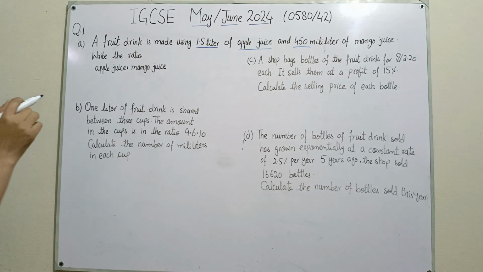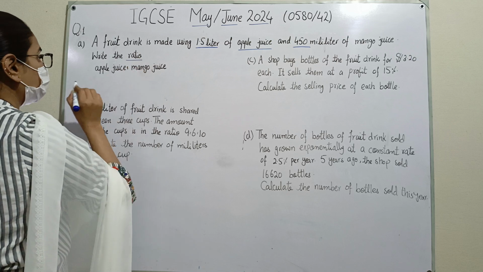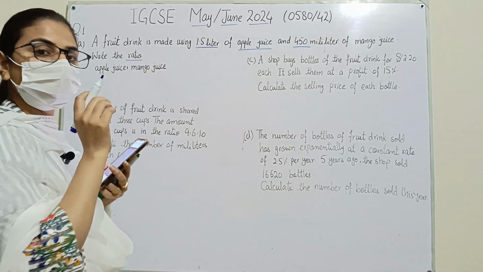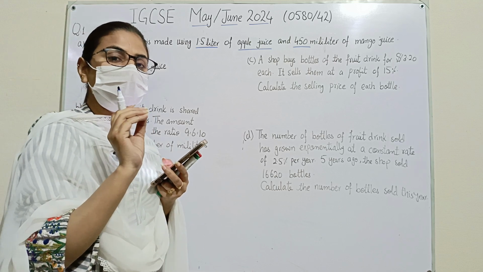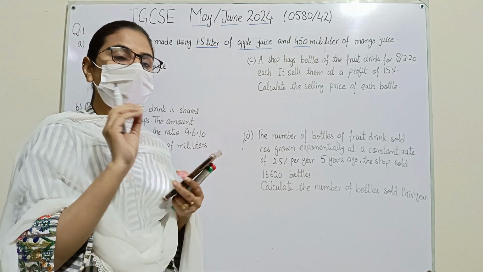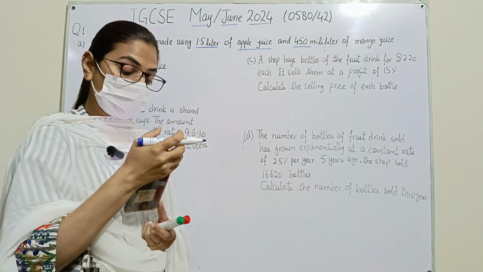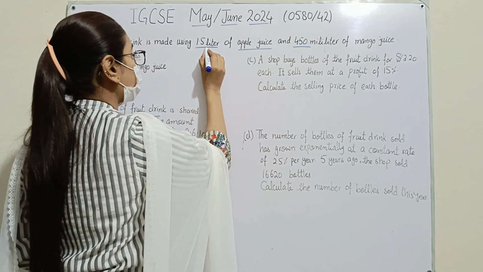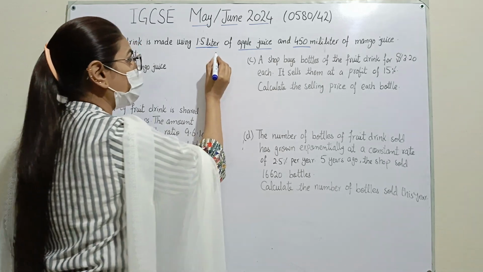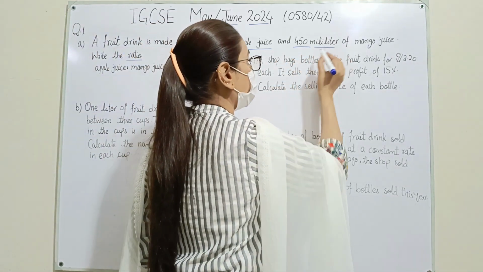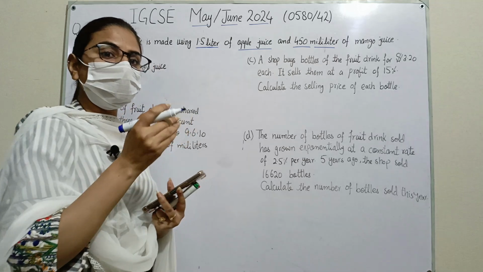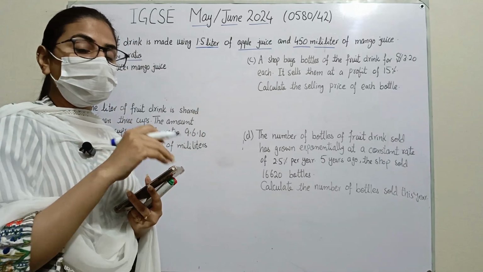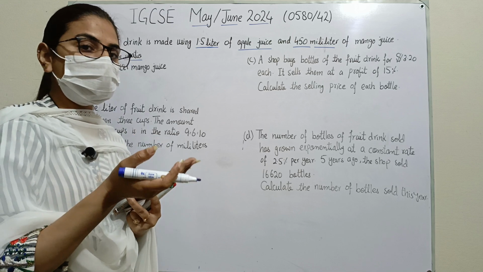If you want to find the ratio of apple juice to mango juice, first of all you have to remember this: whenever you are discussing the topic of ratio, your first focus should be on their units. Here it is mentioned liter, while here it is mentioned milliliter. Either you can convert both units into milliliters, or you can convert both into liters.